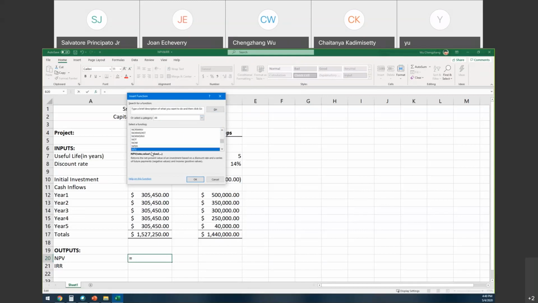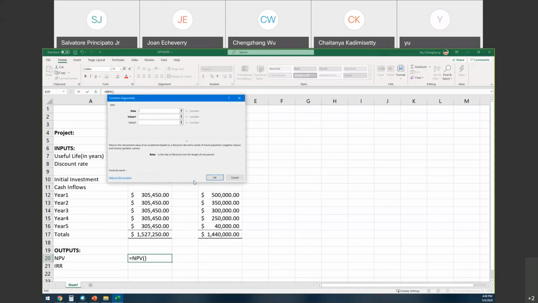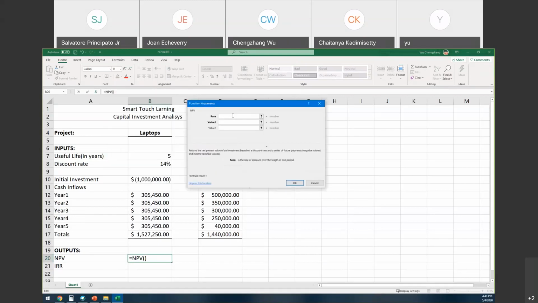Yes, right here. Well, you can see this function requires two inputs. The part that is bold means this input is required. So the first input is rate, or the interest rate.